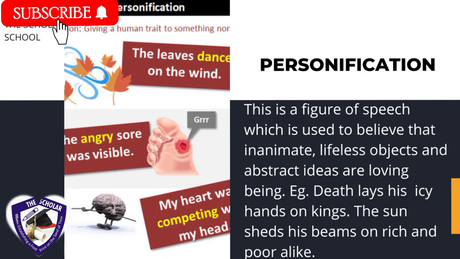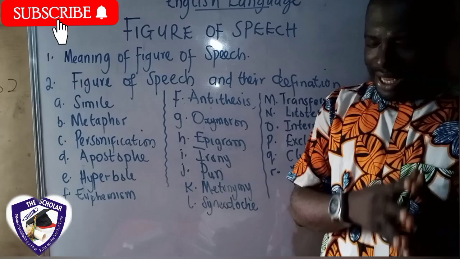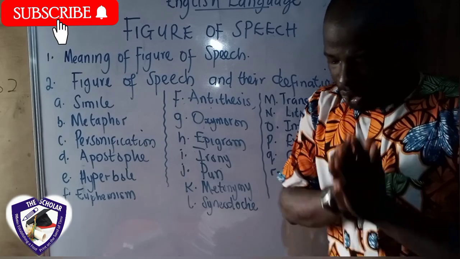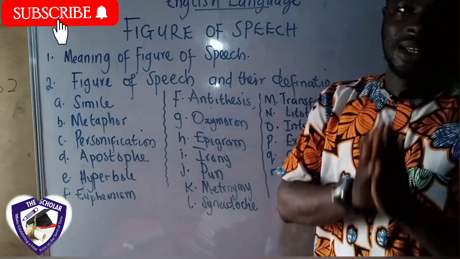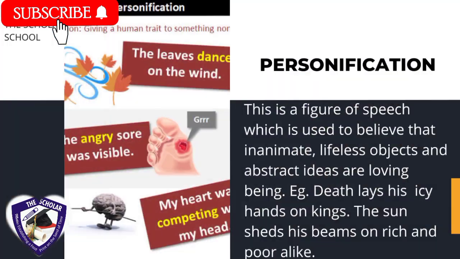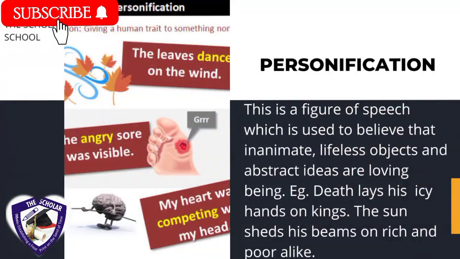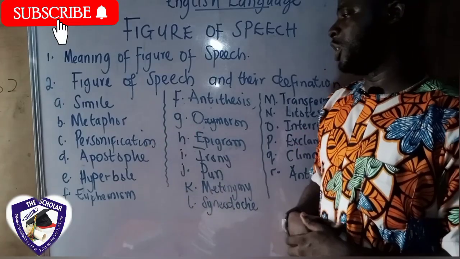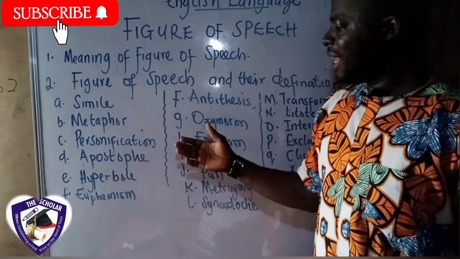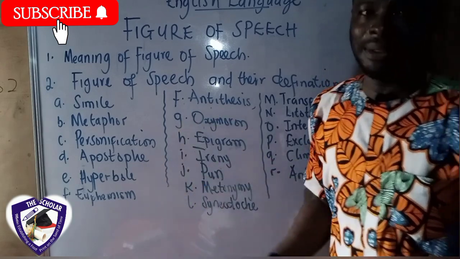That death lays his icy hand on the king. Have we ever seen the hand of death before? Or we say that the sunshine beams on the rich and poor alike. So all of these are things that better express the definition when we liken the non-living to living things.